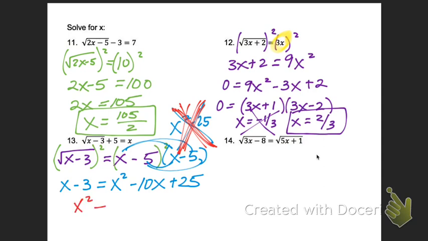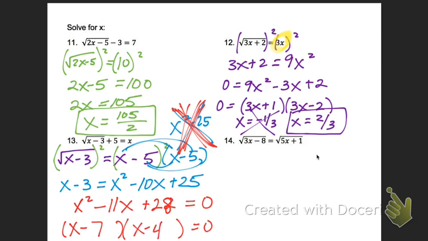No. 28, sorry. It's x minus 7, x minus 4. So then what do you get? x minus 7, x minus 4 equals 0. So x equals 7 and 4.